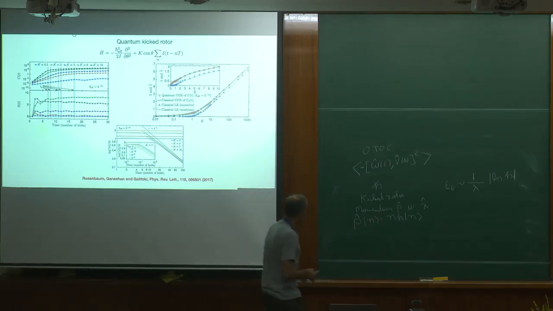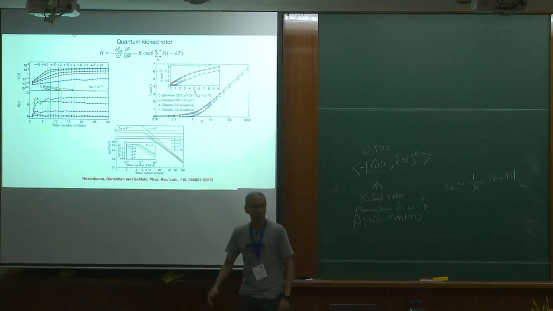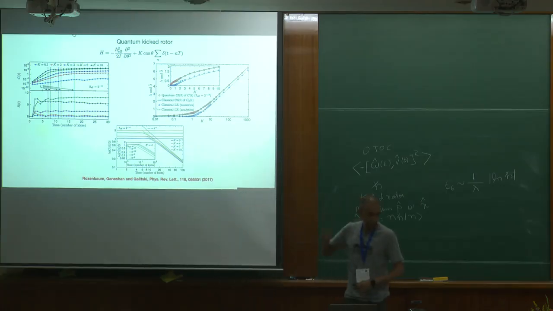Okay, and also just to remind you of what the quantum kicked rotor is, the Hamiltonian for the quantum kicked rotor is given there. And just to make contact with the kinds of things that Arnav has been telling you, this is an example of a Floquet system, like I told you the last time. In fact, it's a much simpler kind of Floquet system compared to the ones that he's been talking about, because this has 1 degree of freedom.